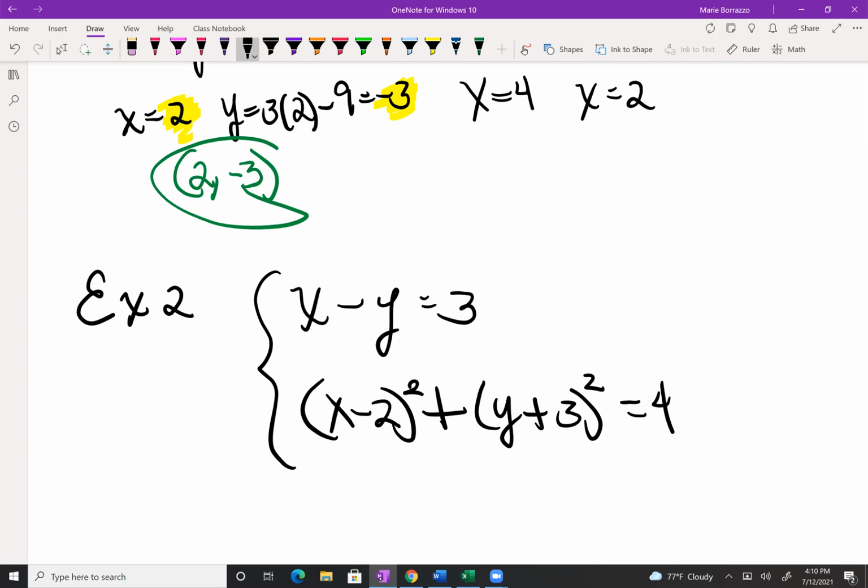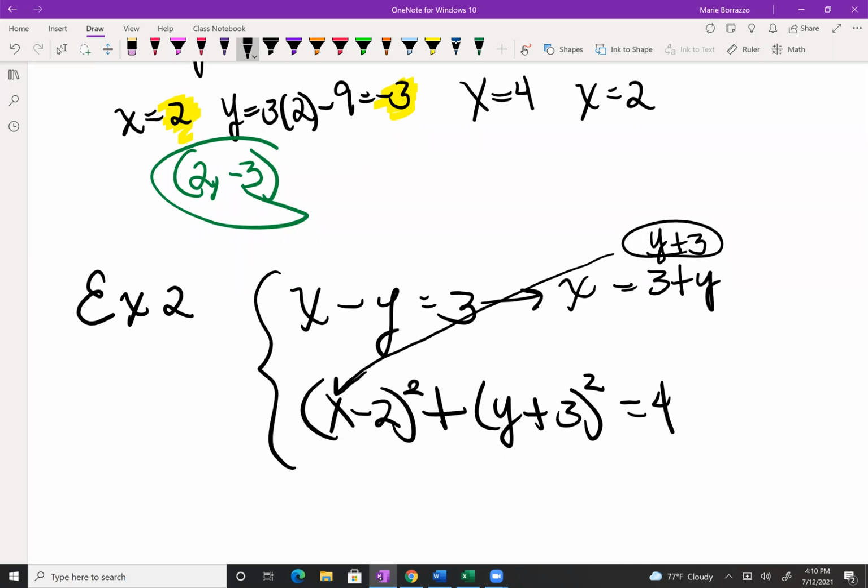And so what we're going to do is solve one in terms of another. So your choice how you decide to solve for this. I like solving for x, so I'm going to call this equation where x is equal to 3 plus y, or y plus 3, your choice how you label it. Personally, I like y plus 3. And I'm going to throw that into this part of the equation here.